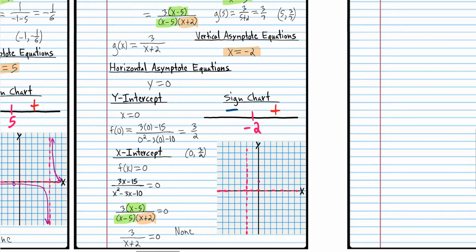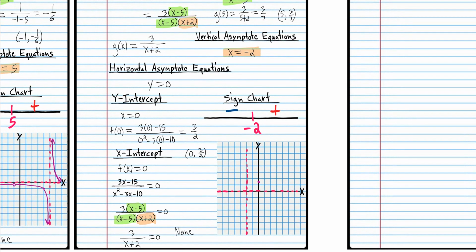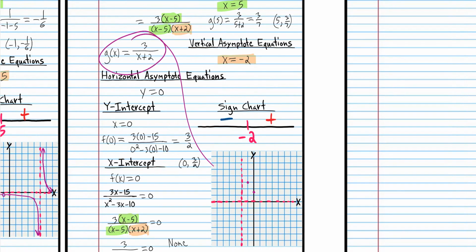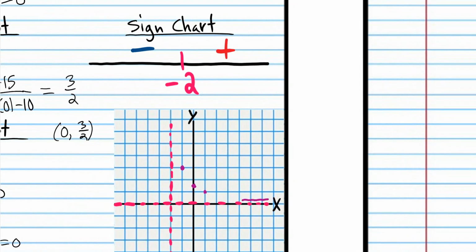So if we plug in -1, then we get 3. Let's plug in 1, and we get 1. And that gives us pretty much everything we need to graph on this side of the vertical asymptote.